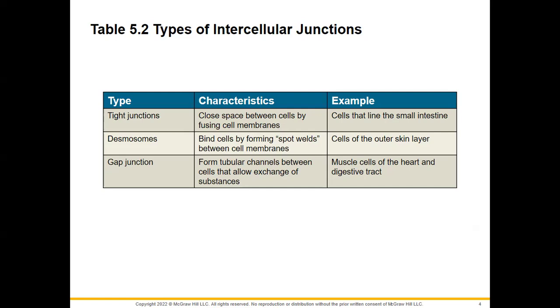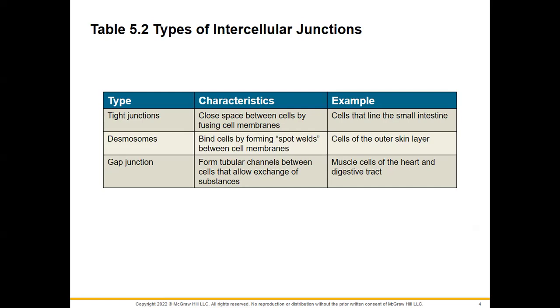So a tight junction, just from looking at the name, you can see that these are going to be where cells are extremely close together. In this particular case, the cell membranes are going to be fused together. So they're going to be really, really tightly packed.